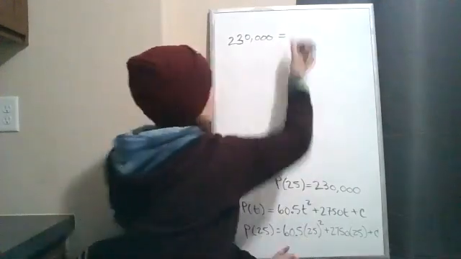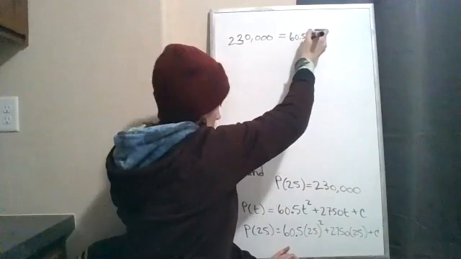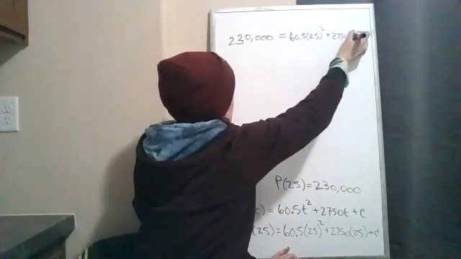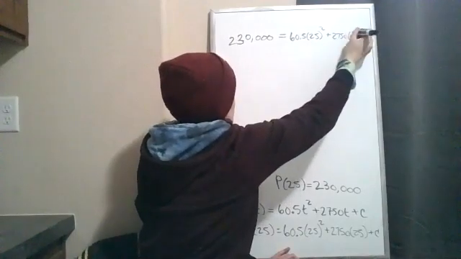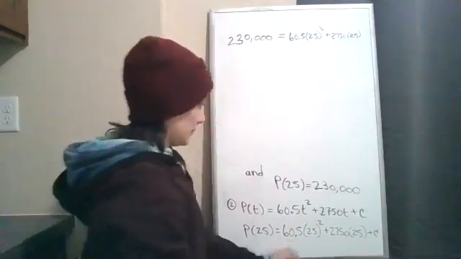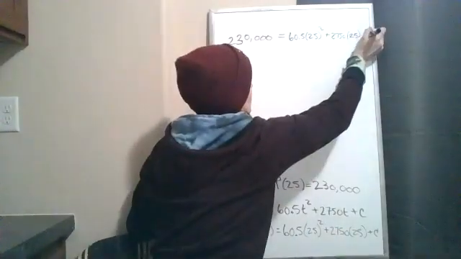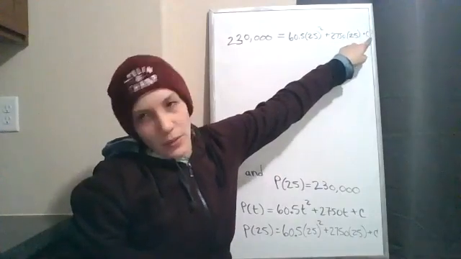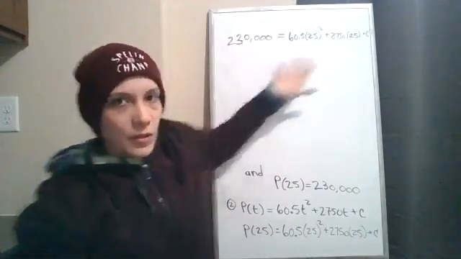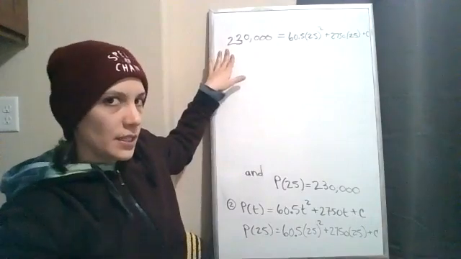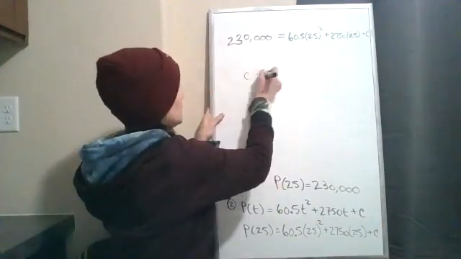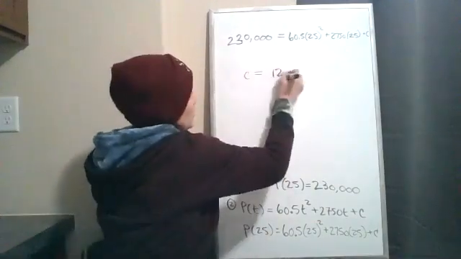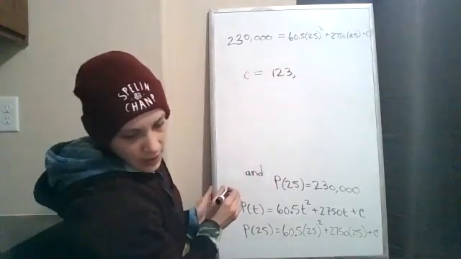Then, trying to get this C, I subtract this number from 230,000, and I got C equal to 123,718.